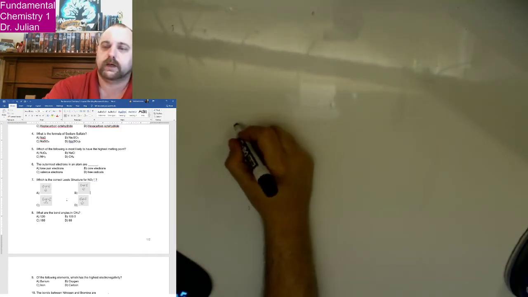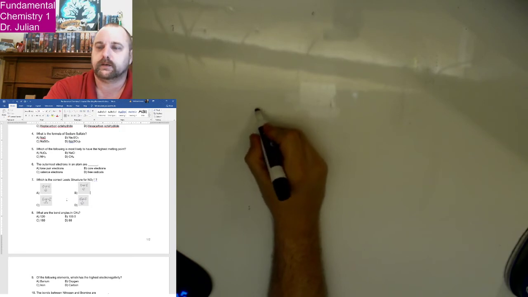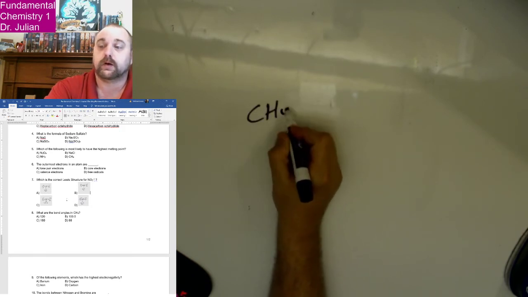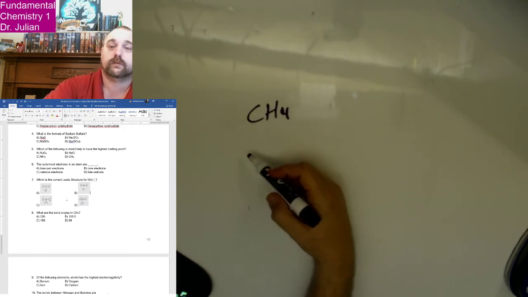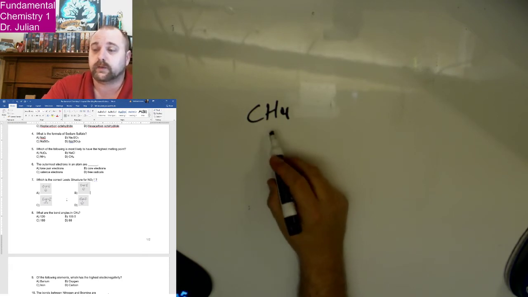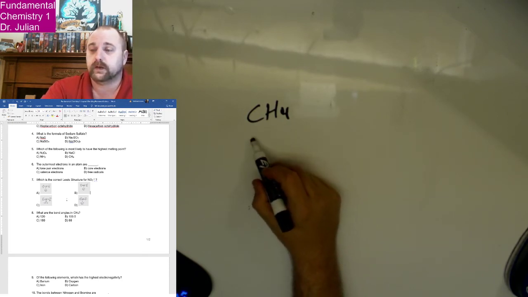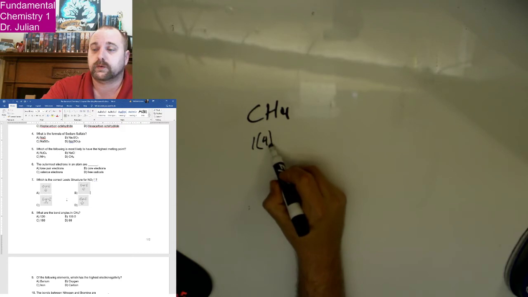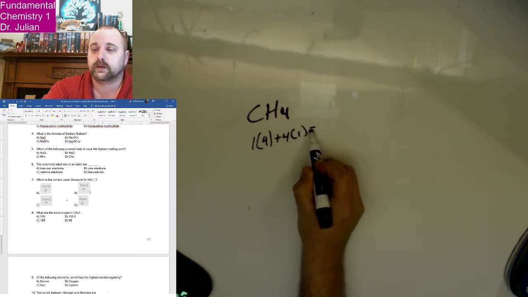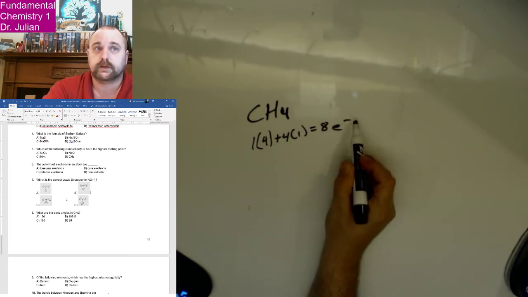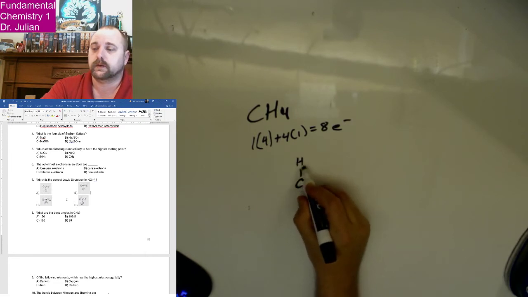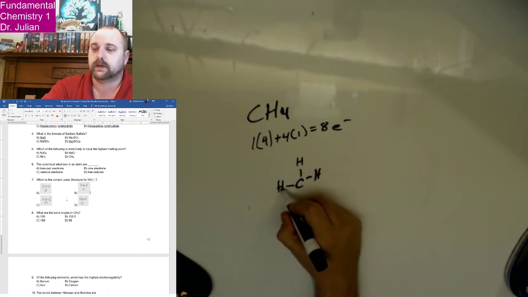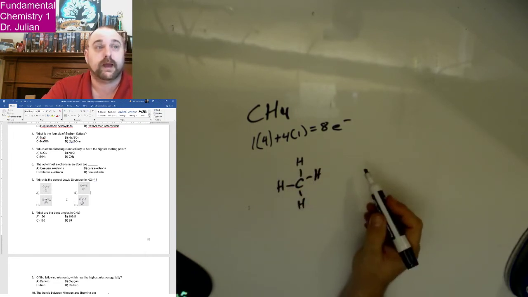Bond angles in CH4. Man, CH4. All right, so this one's a little bit tougher. So I've got to figure out, this has 1 times 4 plus 4 times 1. That's 8 electrons. Carbon, hydrogen, hydrogen, hydrogen, hydrogen. Everything's happy.